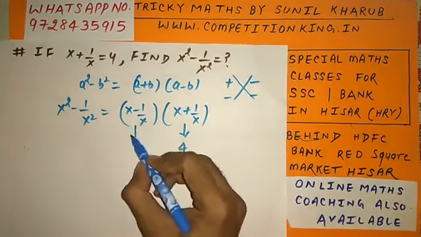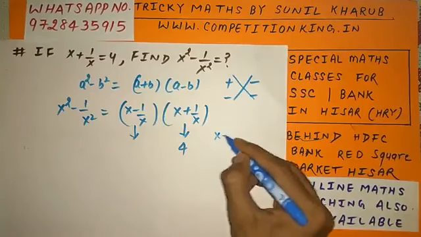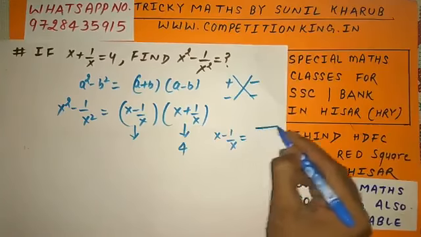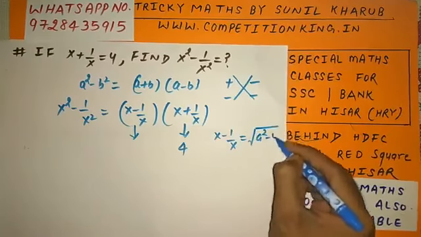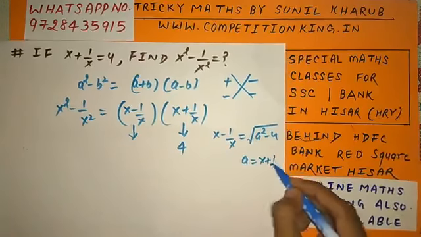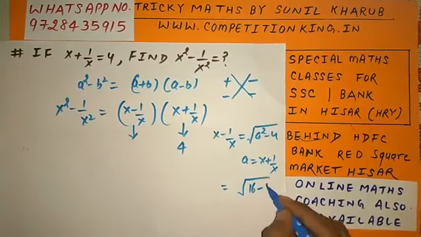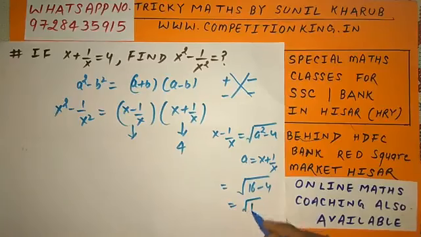If I find the value of x minus 1 by x, I can easily answer it, and you know x minus 1 by x is root of a square minus 4, where a is the value of x plus 1 by x. So put here 4 square is 16, 16 minus 4 is root 12.